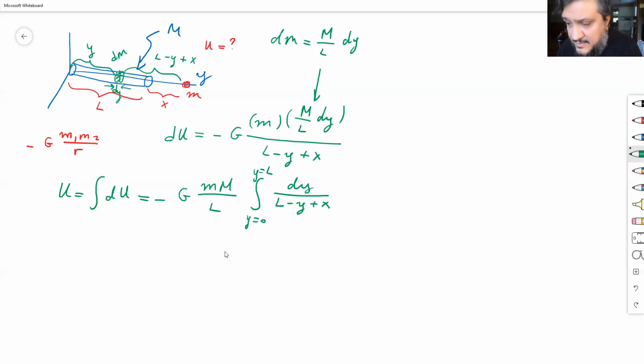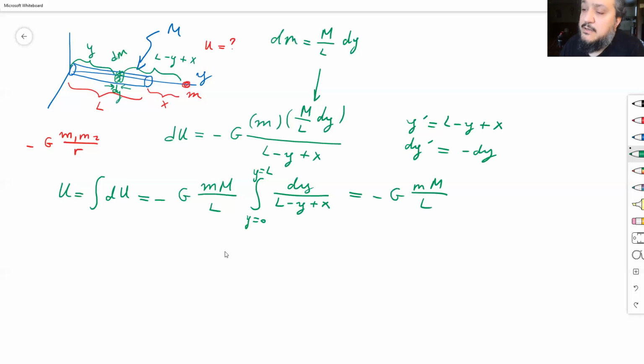All right. If you like, call the thing in the denominator y prime. Y prime will be L minus y plus x. Then dy prime is negative dy. So you will have negative G m M over L. Instead of dy, I'm going to write negative dy prime divided by y prime. And the limit is, now when y is 0, y prime is L plus x.